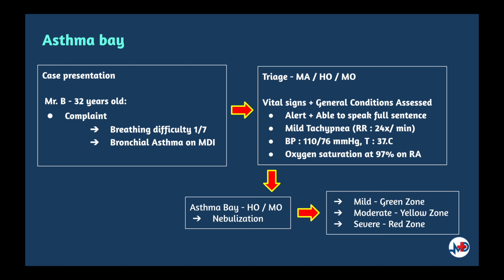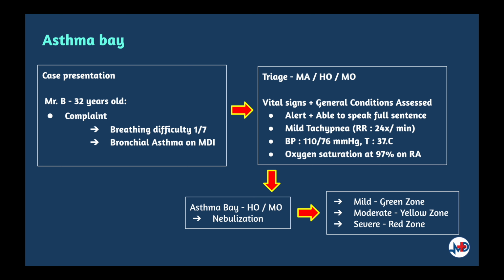Upon arrival to the triage, the patient would be assessed by the medical assistant, or in some departments, a house officer or medical officer could be placed there too. Vital signs and general conditions will be assessed. So here is where we collect the vital signs as well as the respiratory system findings.